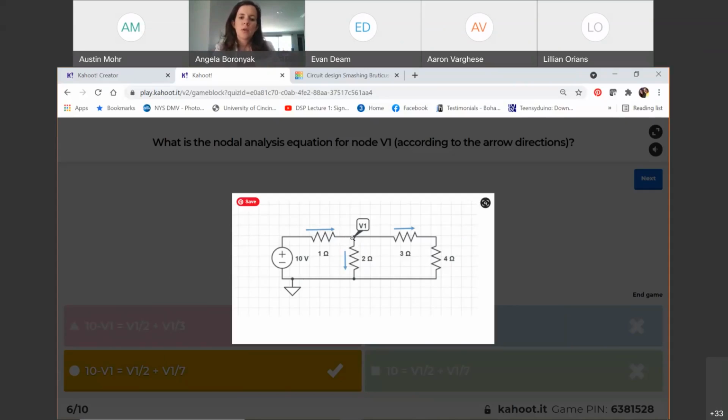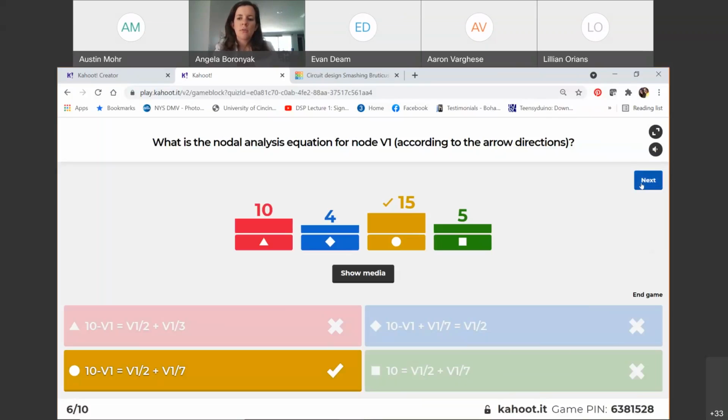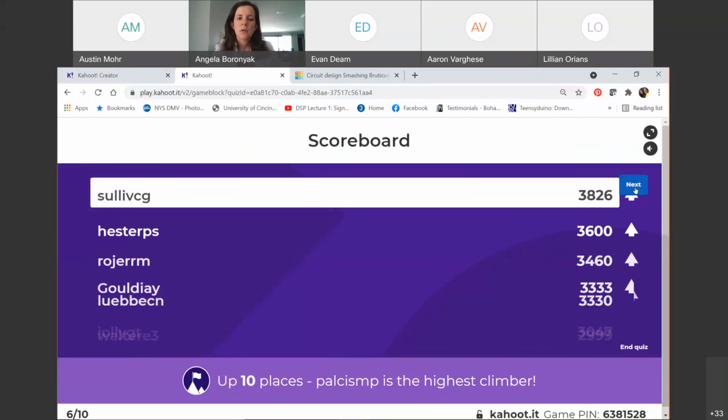This then equals this current plus this current. So this current is V1 to ground, V1 minus 0 over 2, V1 minus 2. And this one I can go all the way to ground if I realize these are in series. So the current through one had to go through the other. It'd be V1 all the way to ground, V1 minus 0 over 3 plus 4, which is 7. We've seen that one before. It's just a review to remind us.